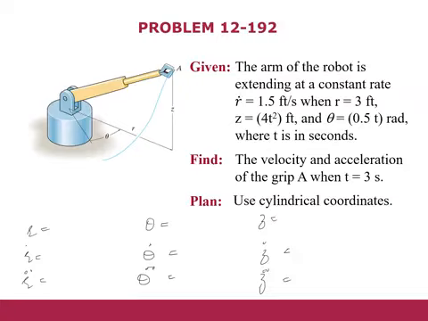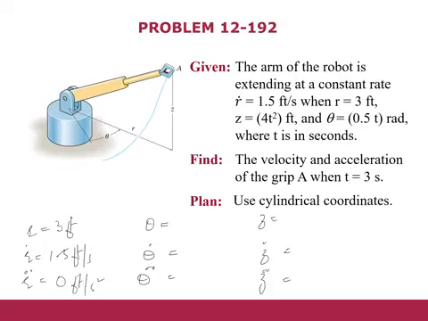So over here r is given to us, which is 3 feet. The r dot is also provided to us, which is 1.5 feet per second. Similarly r double dot, which is d r dot by dt, is 0 feet per second square.